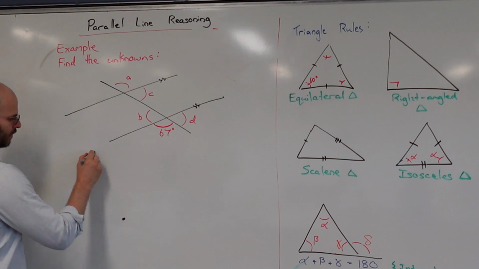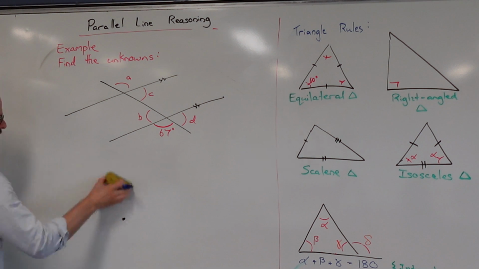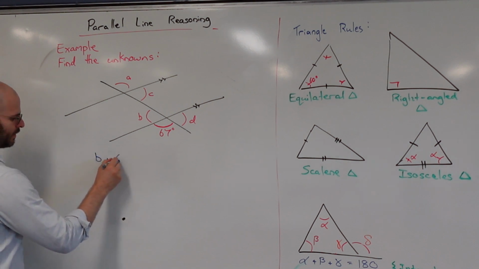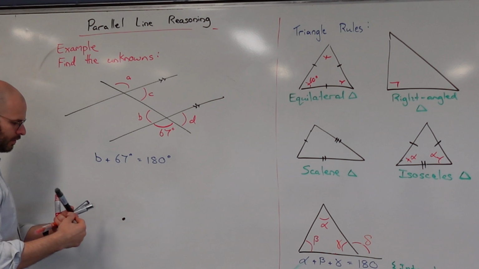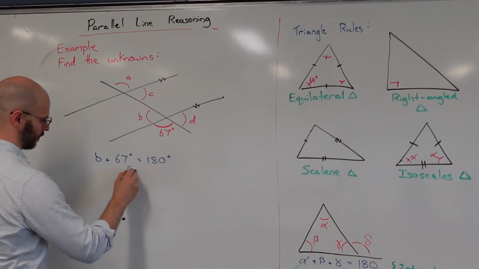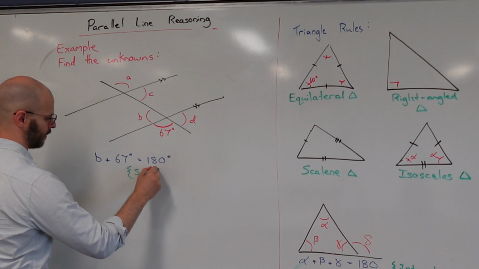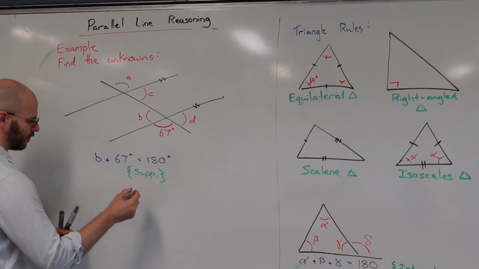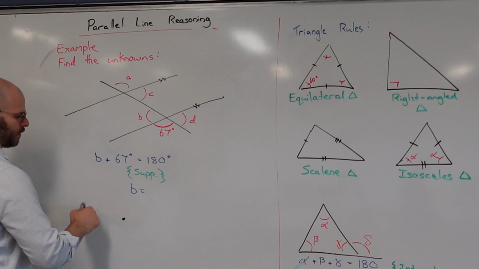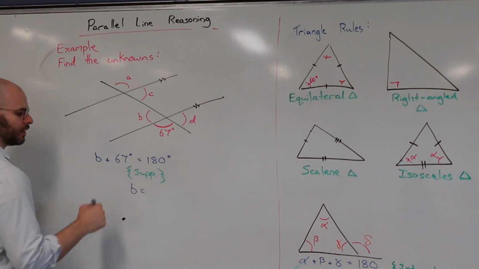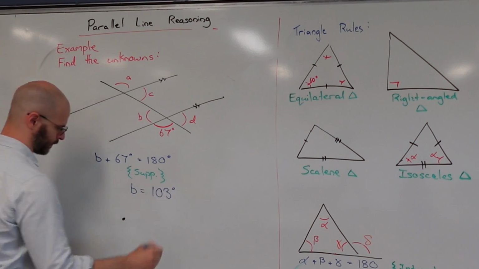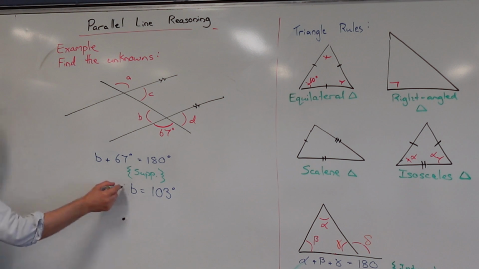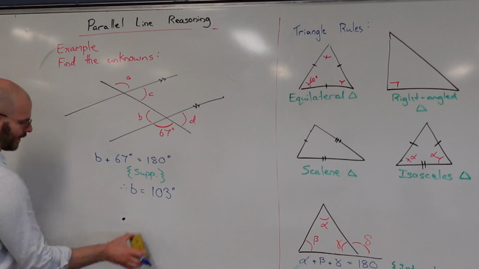So we'll write it as B plus 67 degrees gives us 180. Why do we think that? Because it's supplementary. Therefore, B is what? 180 minus 67. Which is? 113.